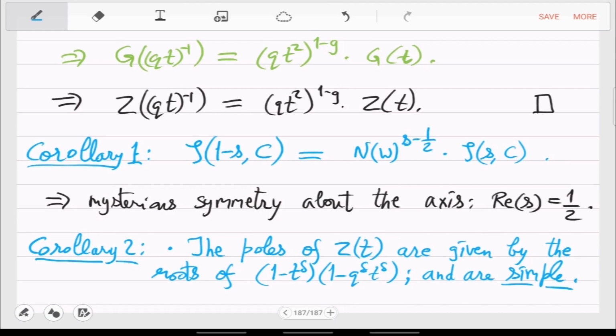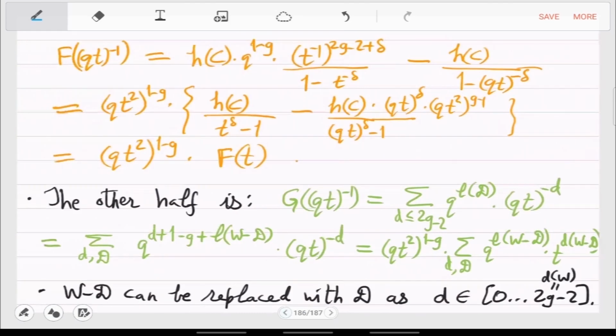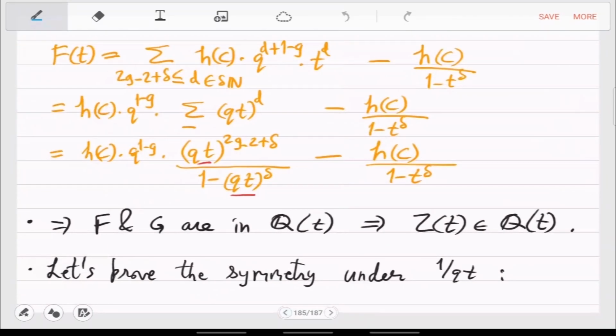And something more we learned, which we can keep track of here, which is that at t equal to 1, the residue that we are getting is something like h, the class number divided by delta.